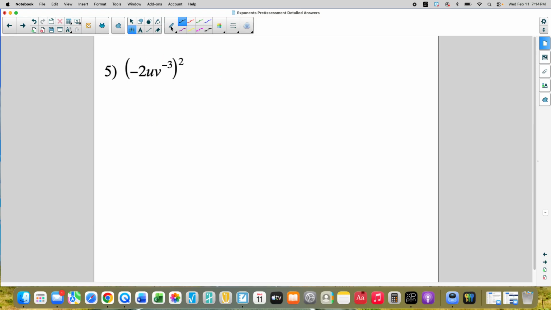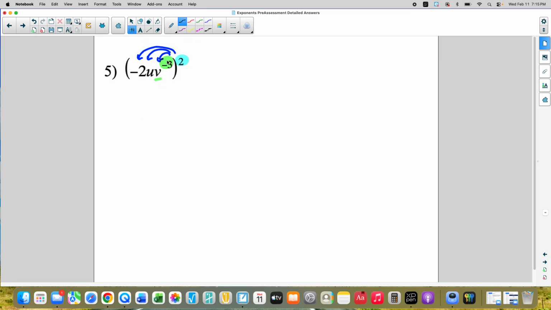Here we're distributing. We have an exponent. We're going to distribute that to each of the pieces. This cubed right here is only affecting this variable. That's the base of that exponent. Negative 2 is to the first, u is to the first, v is to the negative 3.